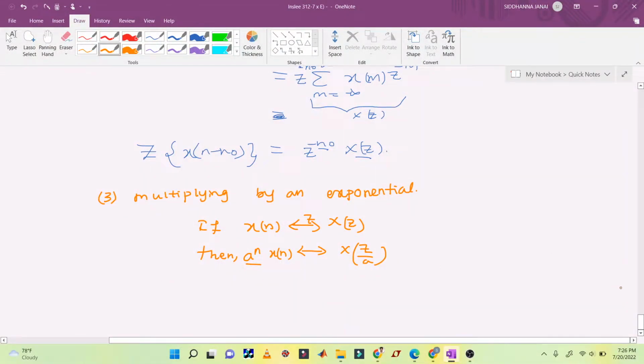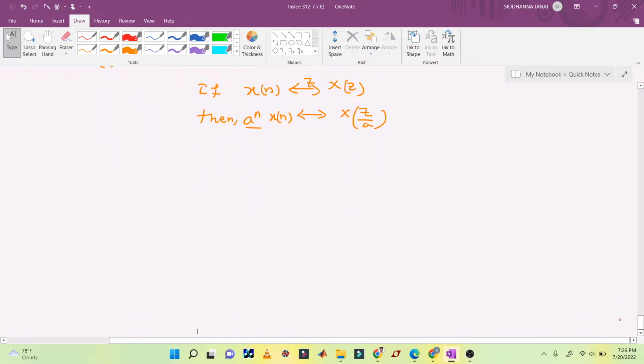Okay, let us see what is the proof of it. Again we have to start the proof with X(z) itself. X(z) is equal to, so this is our question.